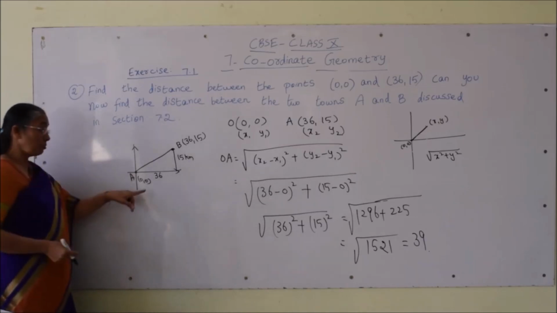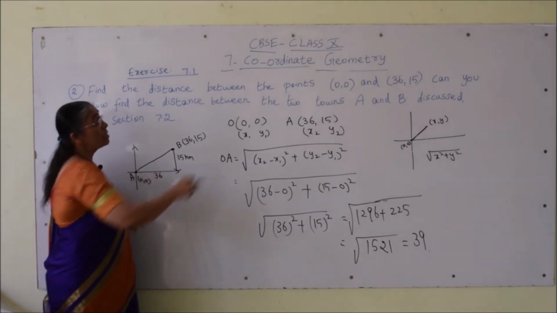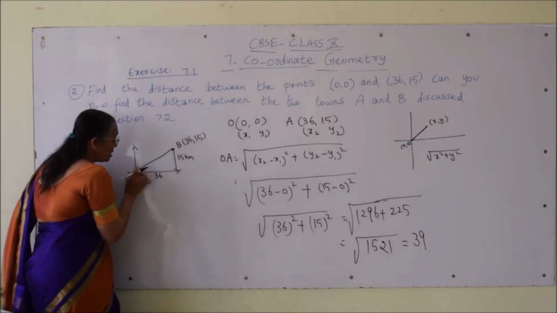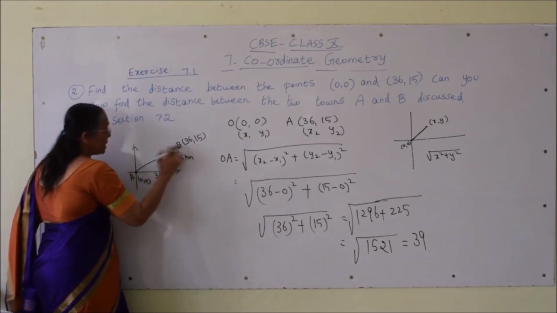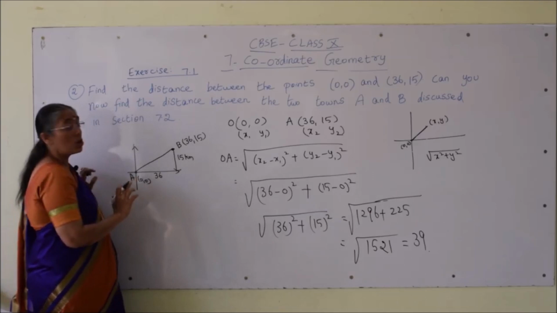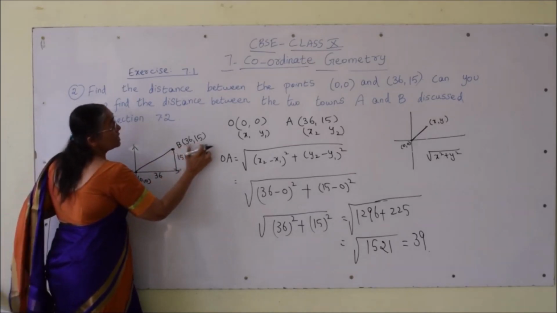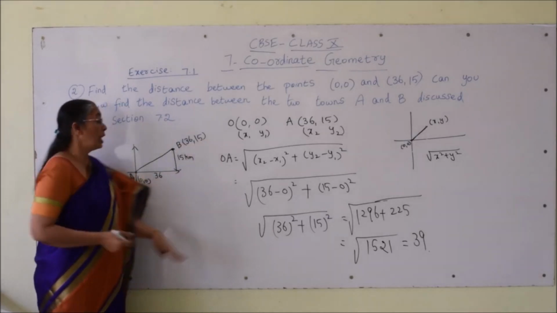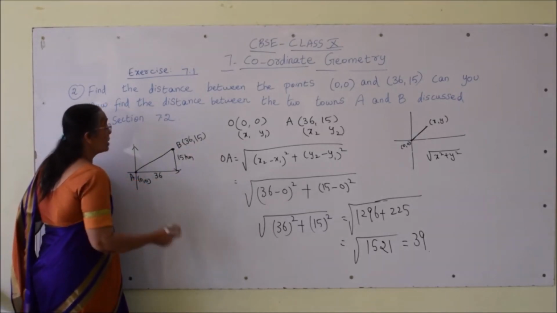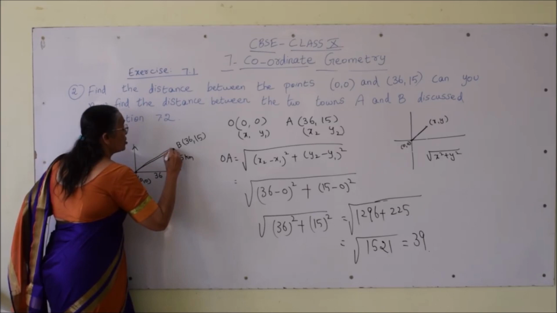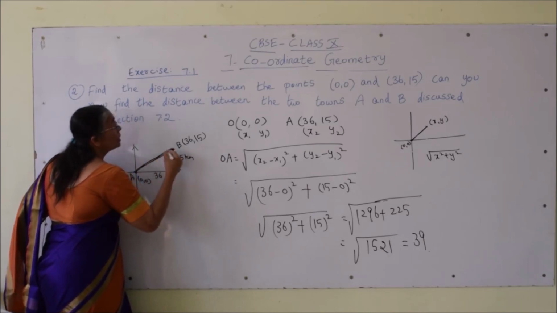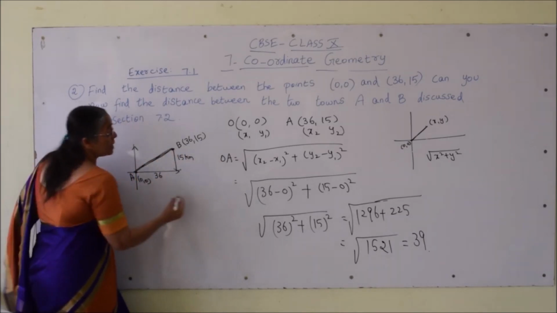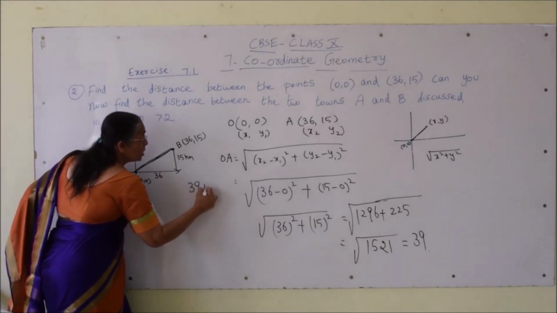Now, this is similar to finding the distance between the points A and B, where A coordinate is (0, 0) and B coordinate is (36, 15). That is the problem we solved now, and we got the answer as 39. So, for the sum discussed in section 7.2, the distance between the two towns A and B is nothing but 39 kilometers.